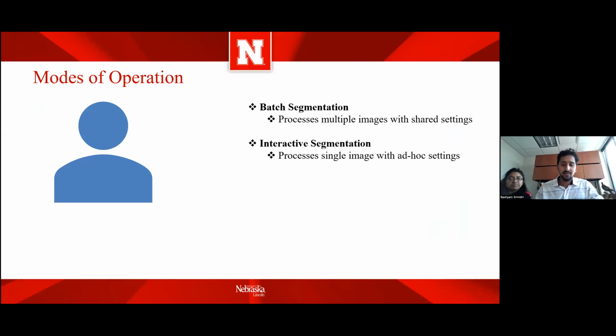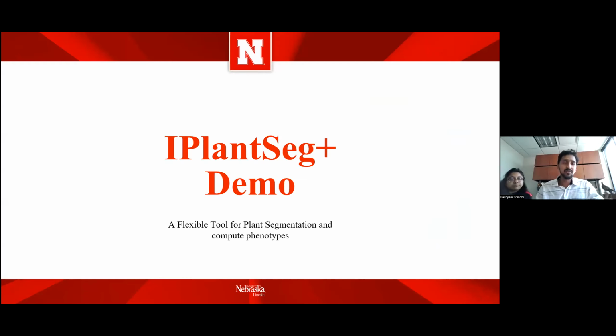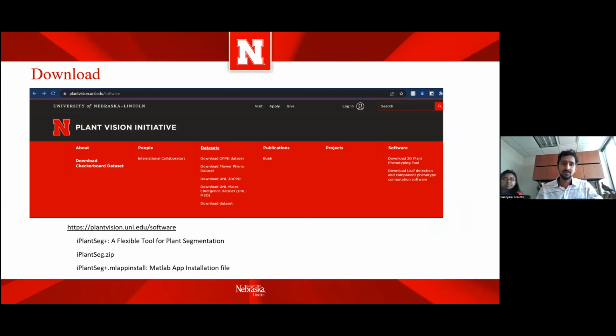Okay. So this is a really simple tool. First thing, we can download this tool by going to the website plantvision.unl.edu/software. You will find the iPlantSeg Plus link to download it over there. It is a zip file that gets downloaded. Once that's downloaded, there will be just one file in that, the installation file.